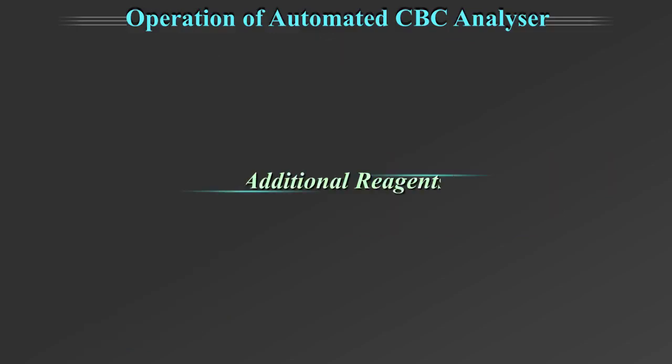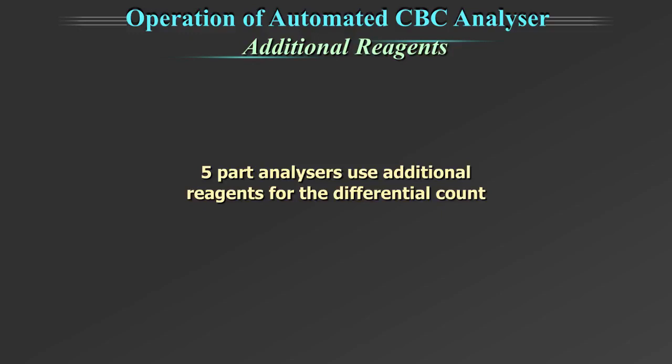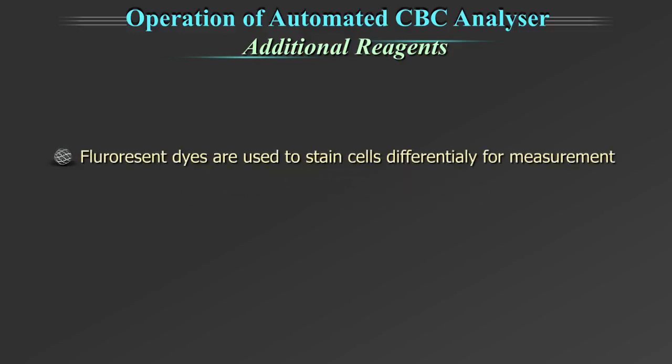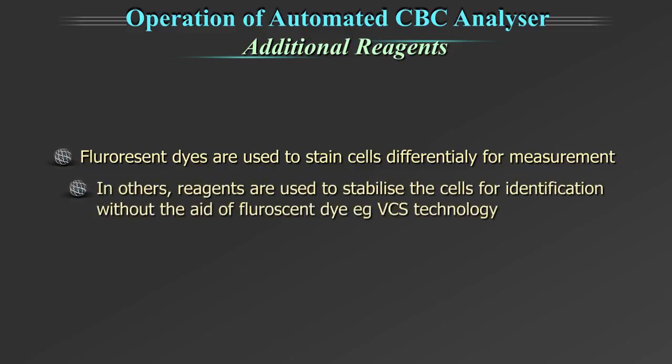In addition to the above, 5-part analyzers use some additional reagents for the differential count. In some 5-part analyzers, fluorescent dyes are used to stain cells differentially for measurement. In others, reagents are used to stabilize the cells for identification without the aid of fluorescent dye, as in volume conductivity scatter technology.